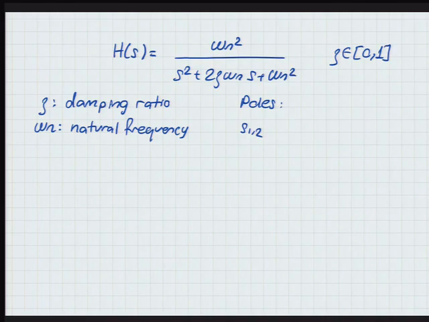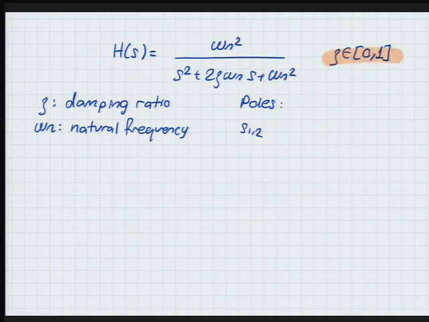In fact, when zeta becomes 1, they collapse into repeated real poles, right? So we consider zeta in this range because if we go above that, then you have 2 distinct real poles. And why should we bother writing it in this form? I would just write it as 1 pole times another pole, right? So that's why we assume zeta is in this range.